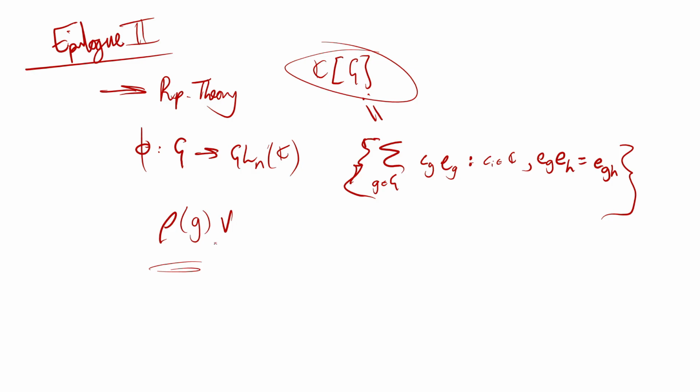So rho of g times v is something within this general linear group. Rho of g is within the general linear group, so it's actually a linear function over the complex numbers.